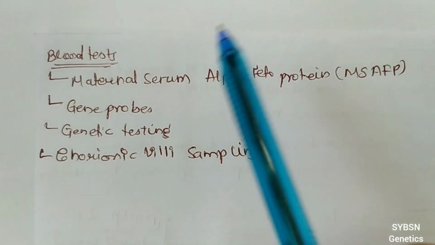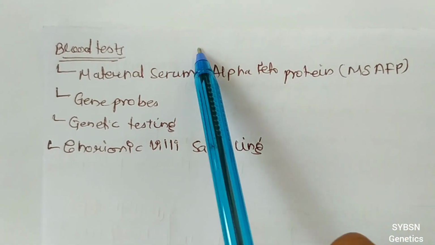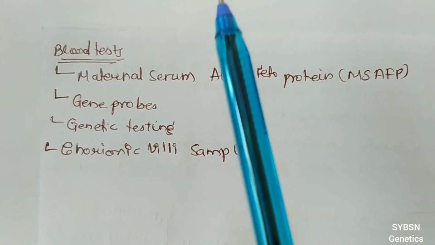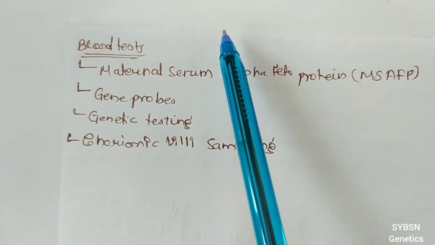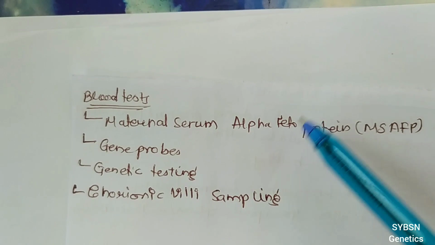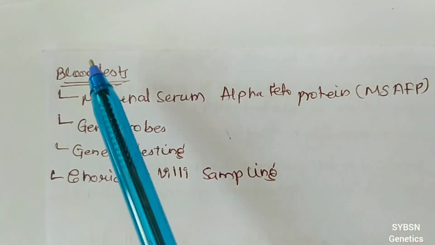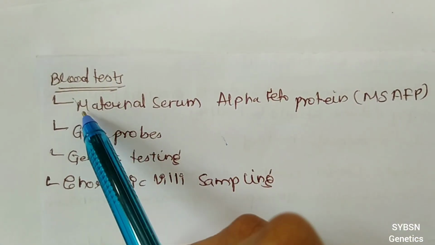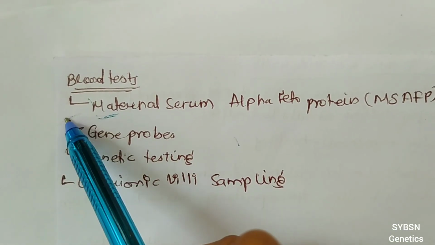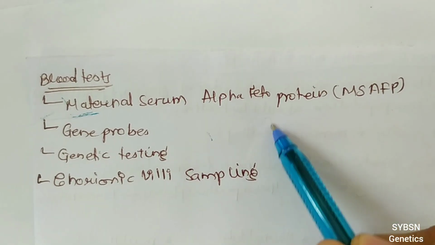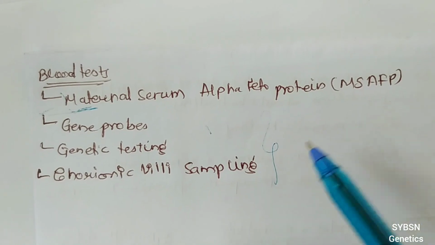Next, you have the diagnostic tests which can be done to figure out the genetic abnormalities which can be found in a fetus. The first is a blood test. This is a blood test, and the rest are not blood tests; they are other diagnostic methods.